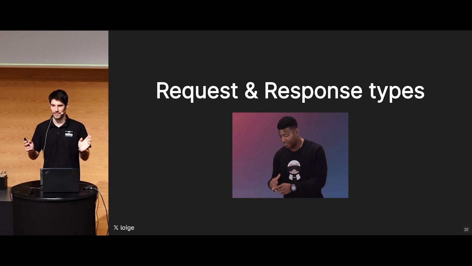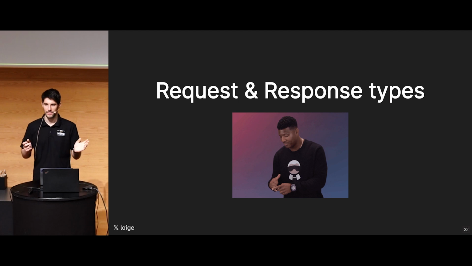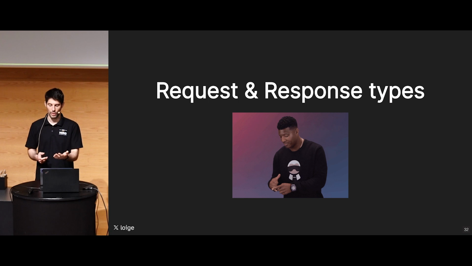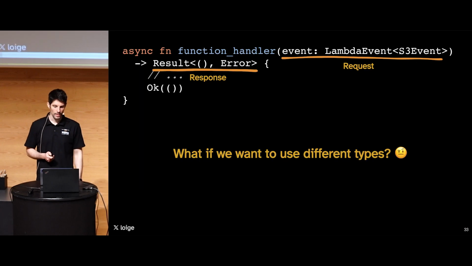What is the field that tells me, I don't know, the method? Or how do I parse a query string? And every single time you have to check the documentation and make sure you do everything correctly. So here, because we have a type system, we can have a little bit of a more guided experience.